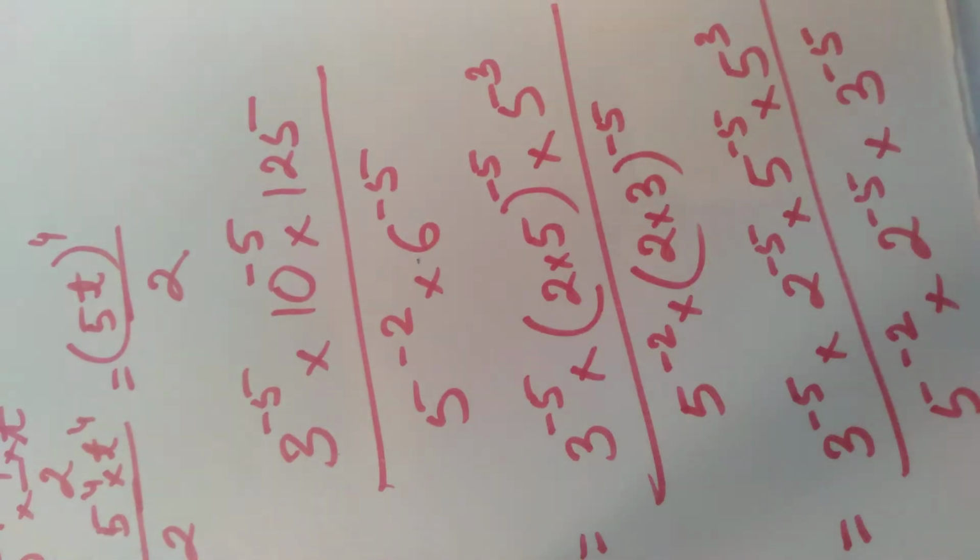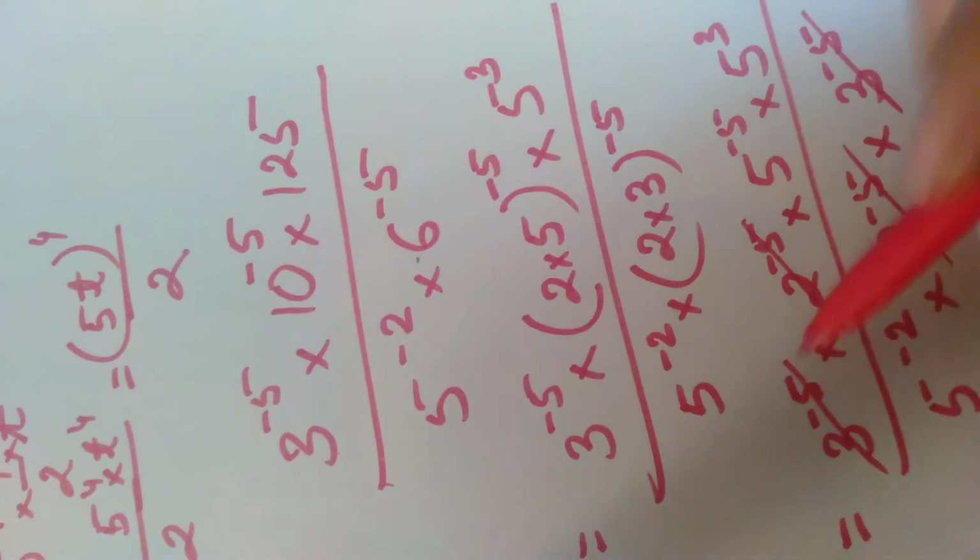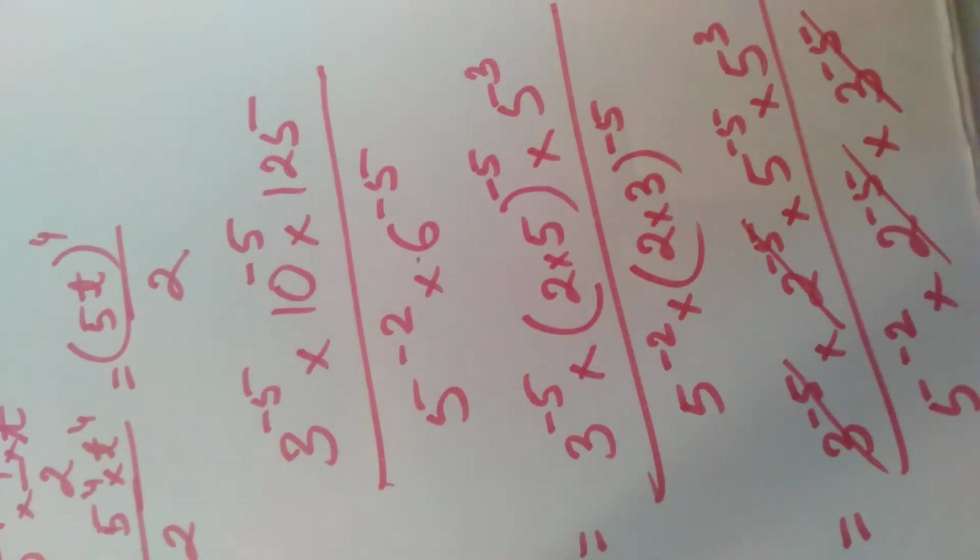Now if you see carefully, in the numerator and denominator, the common term 2 to the power minus 5 is there. So we can just cancel out this term. Again 3 to the power minus 5 is also common, and this is also cancelled.